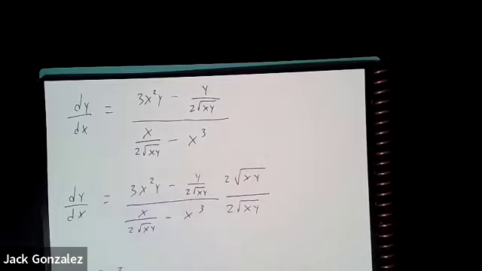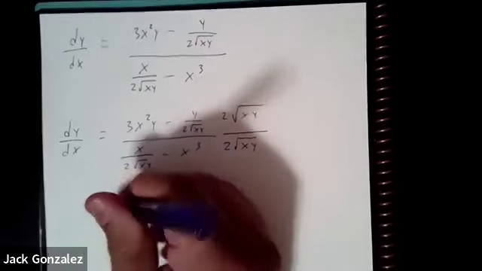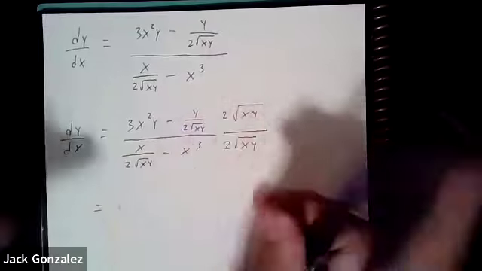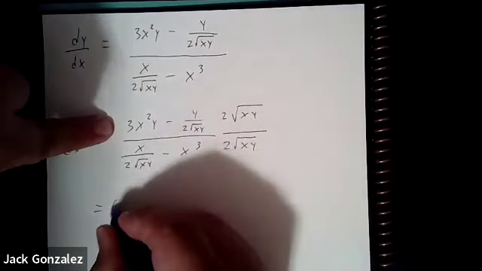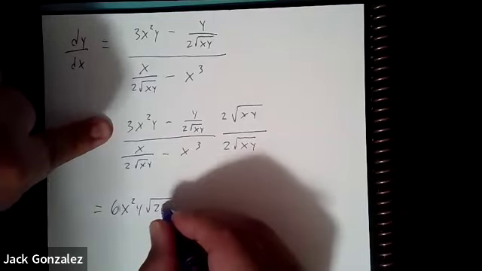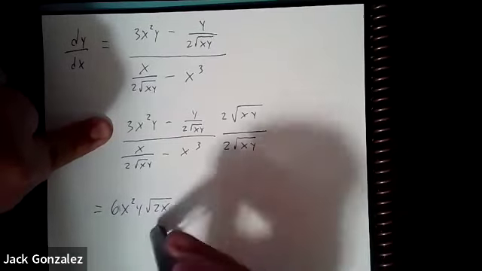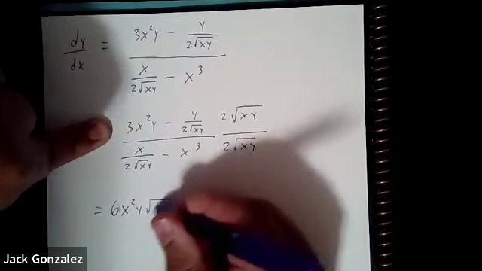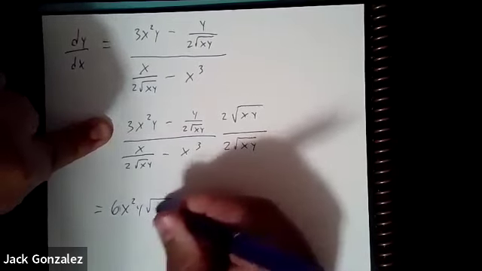That'll give you a 6, 3 times 2 is 6, x squared y square root of xy.